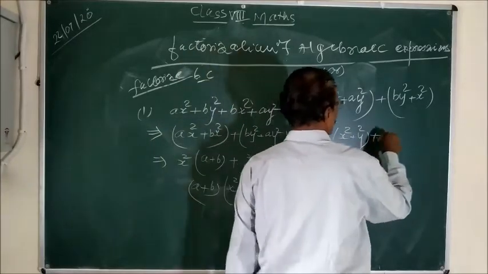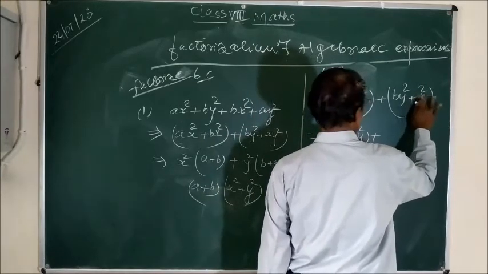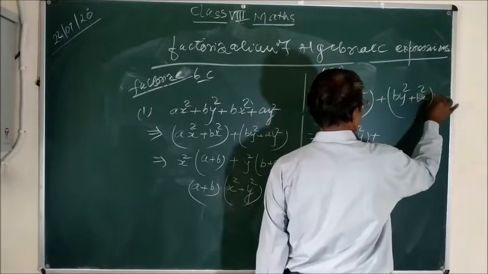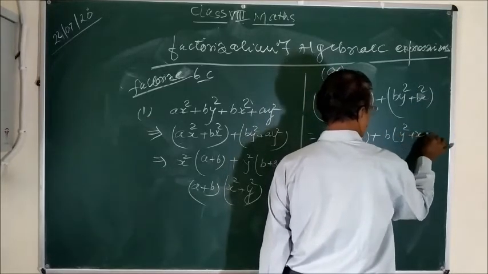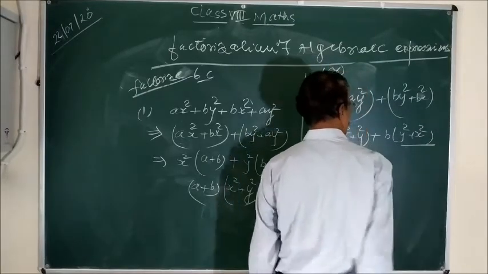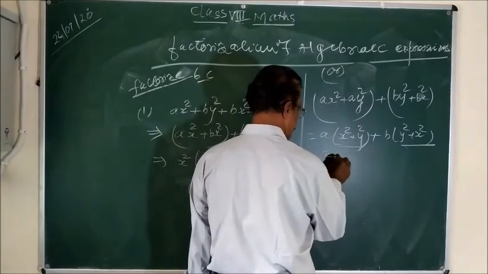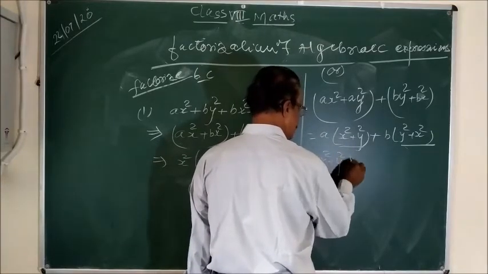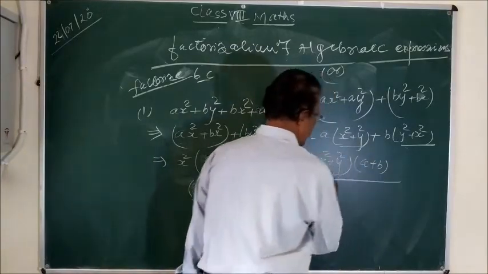And here what is common? This is bx square and by square. There b is common. So y square plus x square. Now x square plus y square or y square plus x square, both are the same. So you can take x square plus y square common, and here you will get a plus b. This is another method.